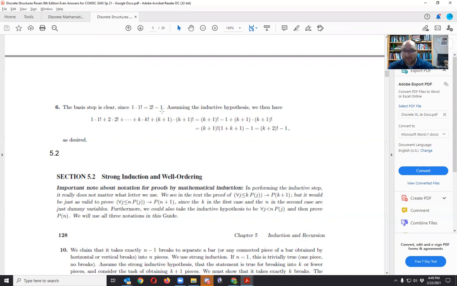Assuming the inductive hypothesis, we stop off at that middle step, which is k. And so we do some math trickery, and we see that this little nugget, k plus 1 factorial, is k plus 2 factorial minus 1.